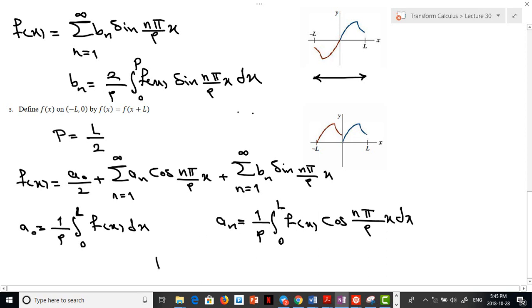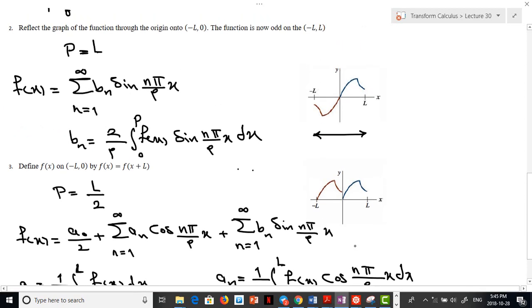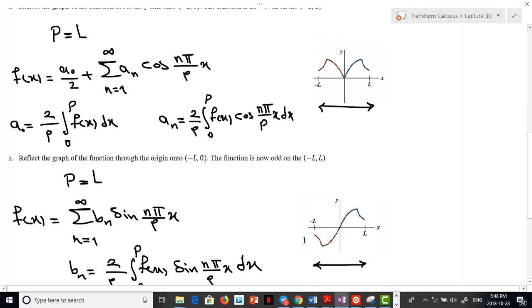And finally, bn is 1 over p, the integral from 0 to L, f(x) sine n pi over p x dx. So we can find the Fourier series of our given function using these three approaches.